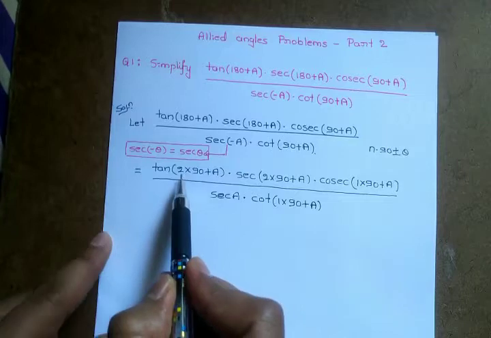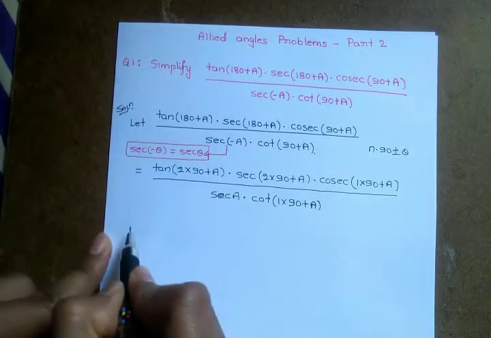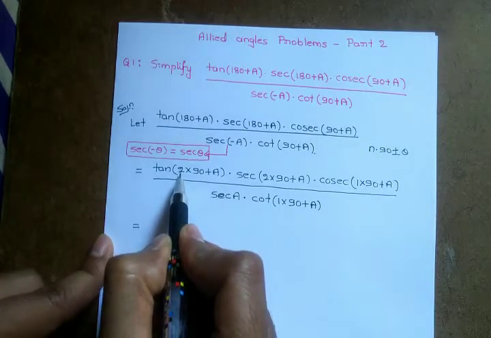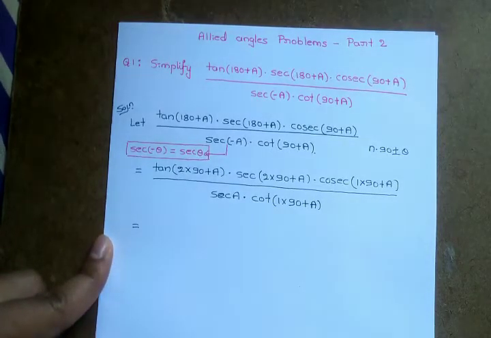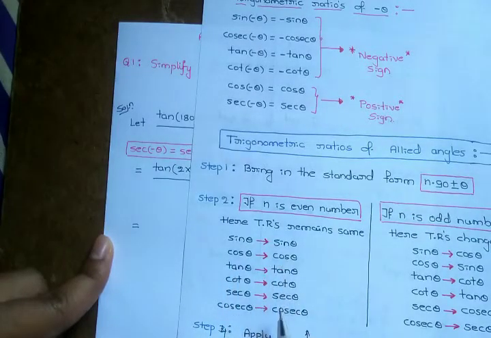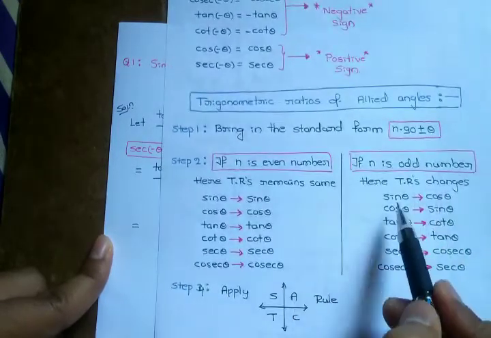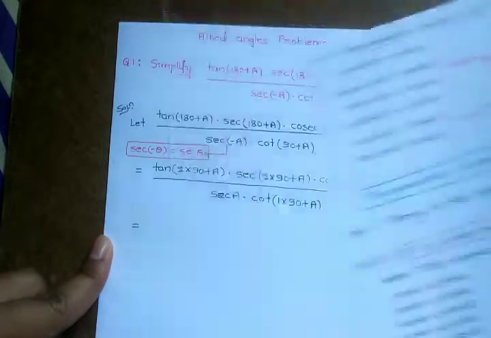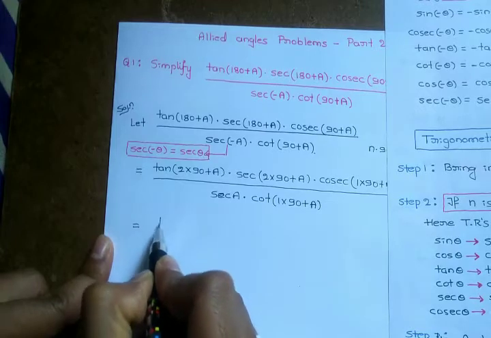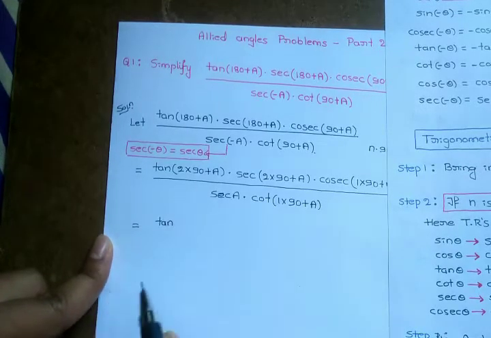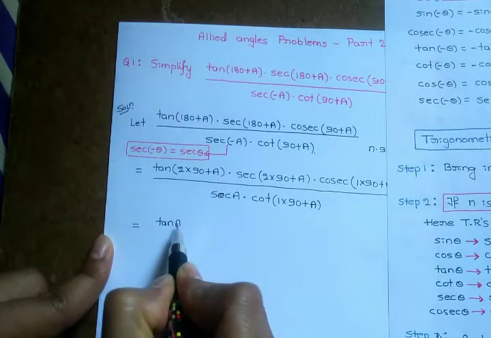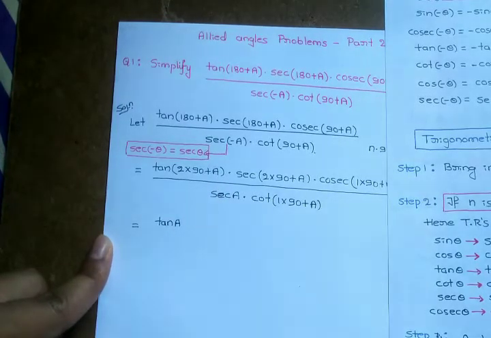Next, one by one you need to simplify. You can observe here 2 is an even number. When it is an even number, all 6 trigonometric ratios remain the same. If it is an odd number, it is going to change, correct? So here tan will remain tan. At the end, a is there, so that angle I will keep as it is.